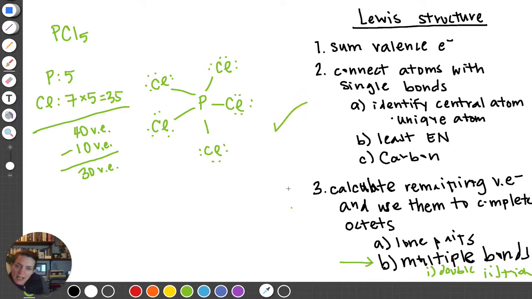Cool. Yay. So if you notice, all of my chlorines have a complete octet. My phosphorus has exceeded the octet. It has 10 electrons that are assigned to it, but it's greater than n equals 2. It's in n equals 3, so it has those d orbitals that it can use for bonding. So this is a completely acceptable Lewis structure.